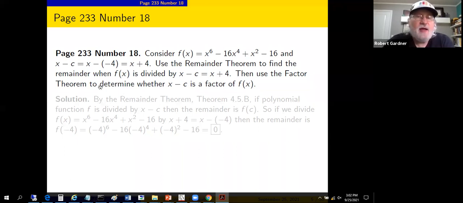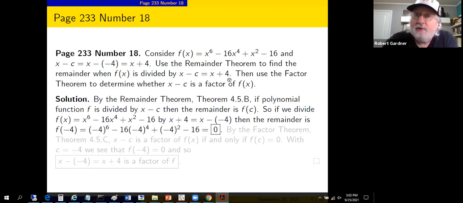Having done that, use the factor theorem to determine whether x minus c, x plus 4, is a factor of f of x. Okay, first use the remainder theorem to find the remainder when f of x is divided by x plus 4. The remainder theorem says that remainder will be f of c, where c is negative 4.